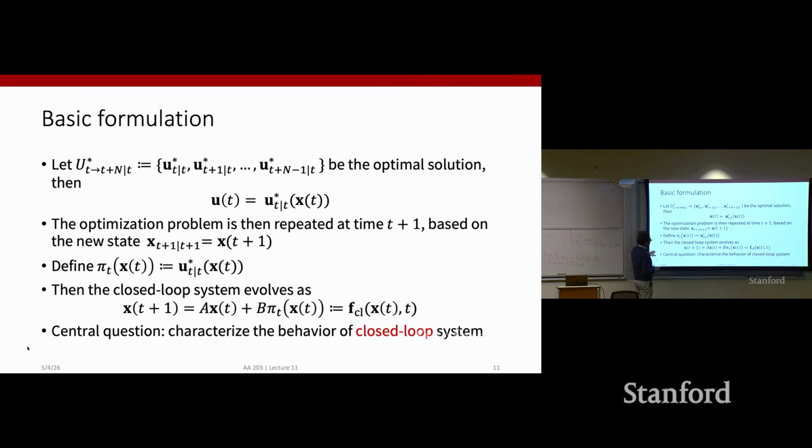So then the closed loop evolves as x t plus 1 equals A x plus B pi, which we can abstractly write as a closed loop function of x and the time. So how do we characterize the closed loop behavior of this system?